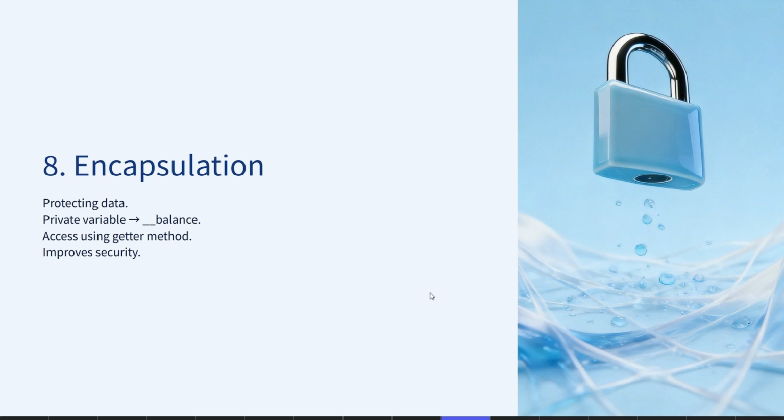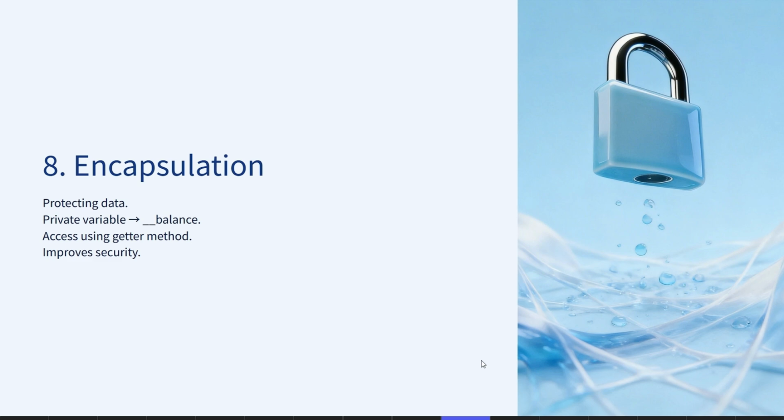In Python, we can simulate private variables by adding two underscores before balance. This makes it harder to access from outside the class. We then provide getter and setter methods to control access safely.